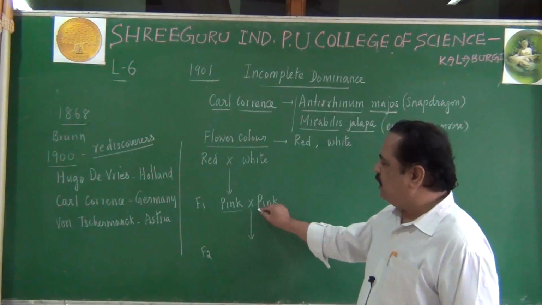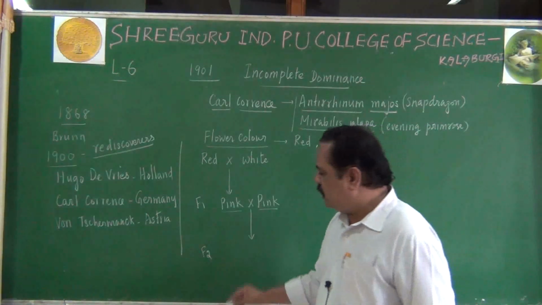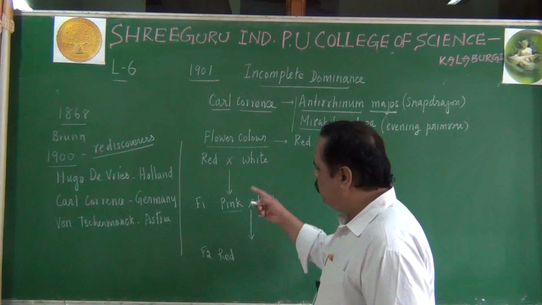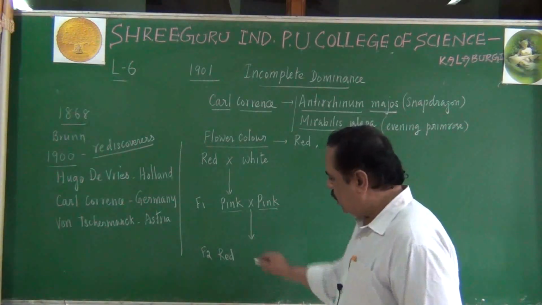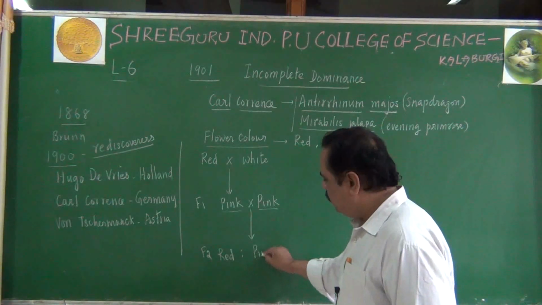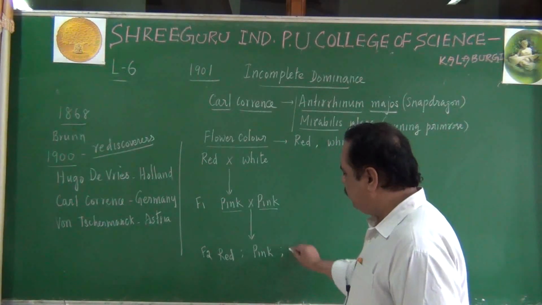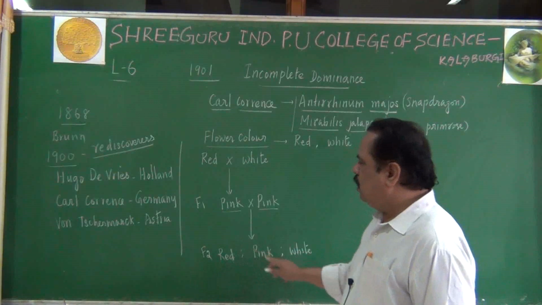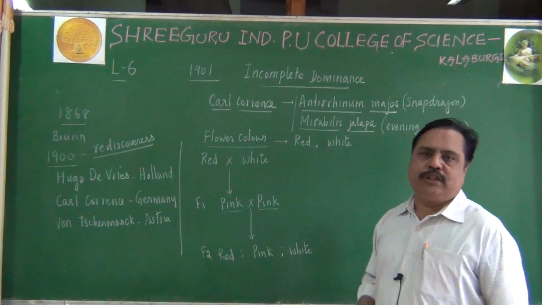In the F2 generation, Correns observed red flower producing snapdragon as well as pink flower producing snapdragon as well as white flower producing snapdragon. All three appeared in the F2 generation.